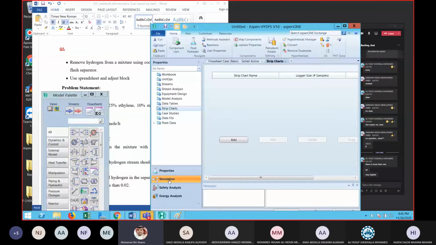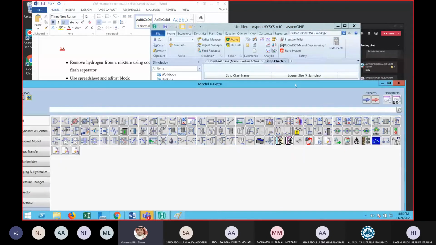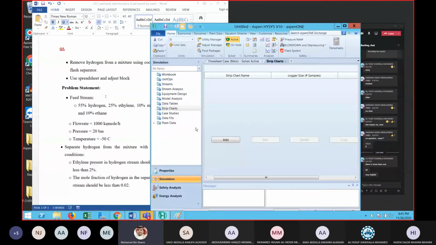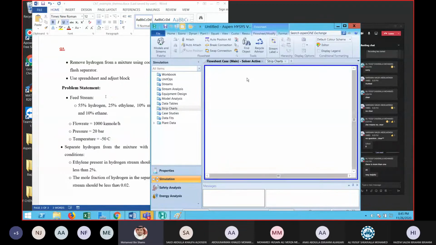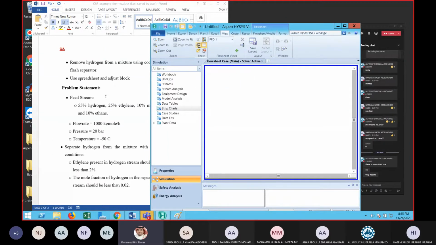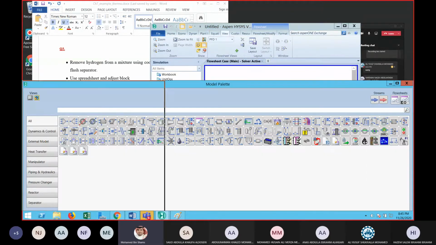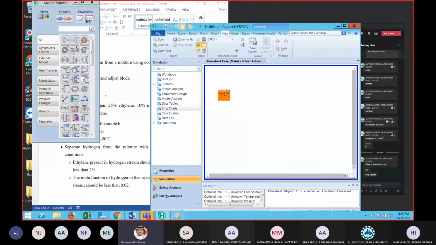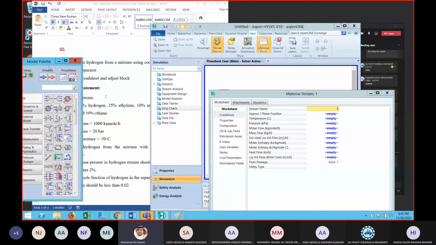Also simulation. ماذا حدث؟ Okay, I don't want the strip chart. Simulation. طيب, and then a material stream شباب, and inside the material stream what do we have?